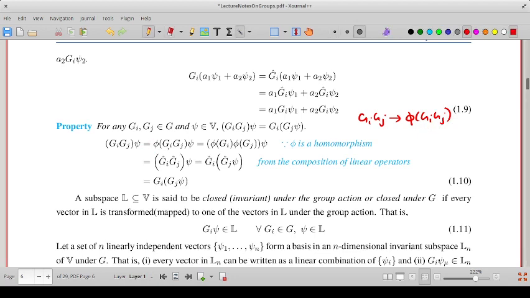So this is phi(GiGj), which is a linear operator acting on psi. But now this transformation is also a homomorphism, and therefore phi of GiGj is equal to phi(Gi) times phi(Gj).